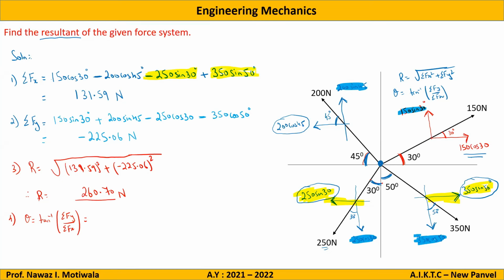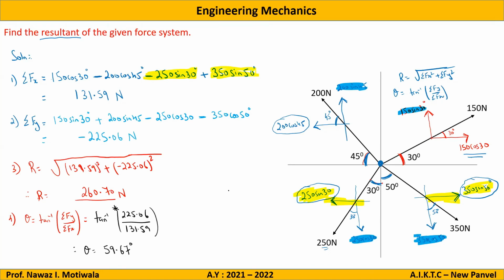Directly substitute the value given. Fy came as minus 225, but I will not use minus, I will just write positive. So it will be 225.06 divided by 131.59. I will mark a star here: it should not be positive or negative. The answer is 59.67 degrees. 59.67 or 59.68, it is okay.